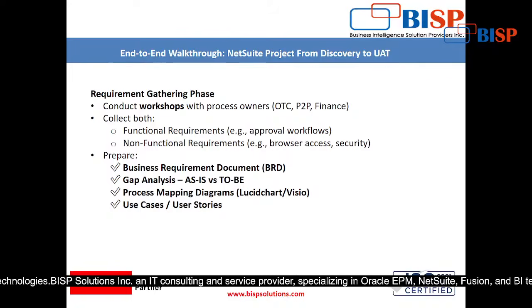Then whatever information I receive, whether functional, meaning approval workflow and process, or non-functional, meaning browser access and security, I will collect. After that I will prepare whatever documents they want me to prepare. This will also be written in the MOM, minutes of meetings.